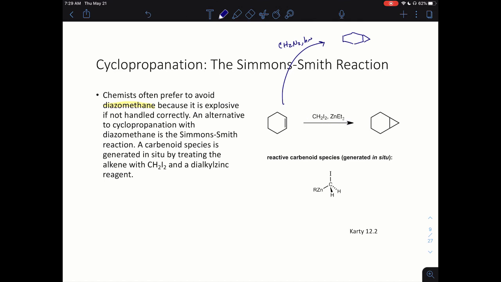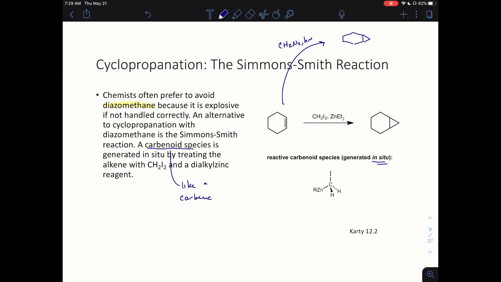These reagents make what's called a carbenoid species. It's like a carbene, and that species is written out right here. It's generated in situ, which means during the reaction, by these two reagents. Let's take a look at that reagent.